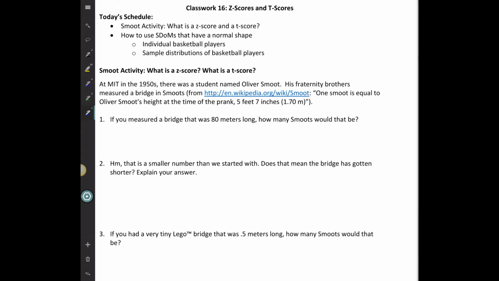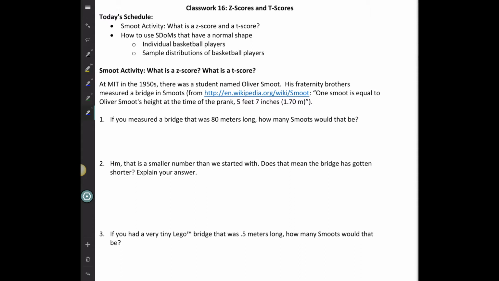Okay, so we'll get to that. So that's today's plan. So let's start by talking about Oliver Smoot and our Smoot activity to try to identify what is a Z-score and what is a T-score.